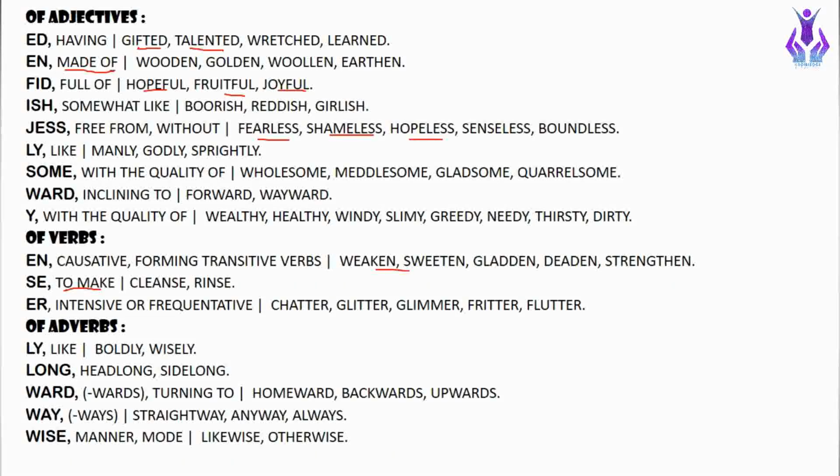I am just stating these words because it will increase your vocabulary as well, because vocabulary is something so important in our English language. When you have a perfect hold on your vocabulary, only then are you able to get through the language as well, because language is so much related to vocabulary.